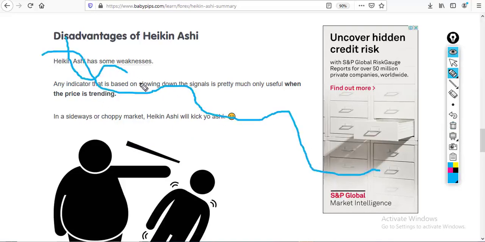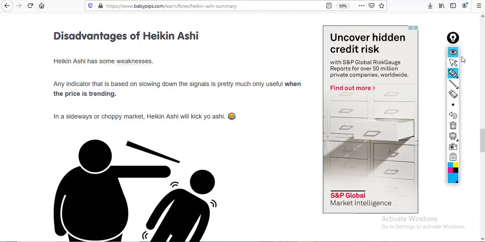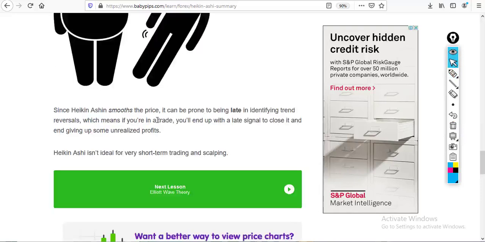It only comes up when the direction of the trend has commenced. So my friends, if you use a Heikin Ashi as an indicator to know if you are in a very strong trend or a weak trend, that is very good. But Heikin Ashi is not good for day traders.